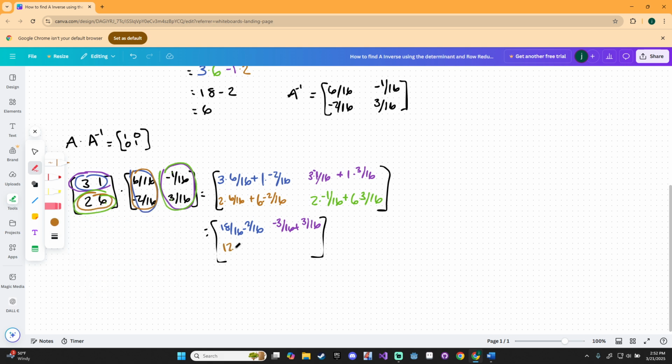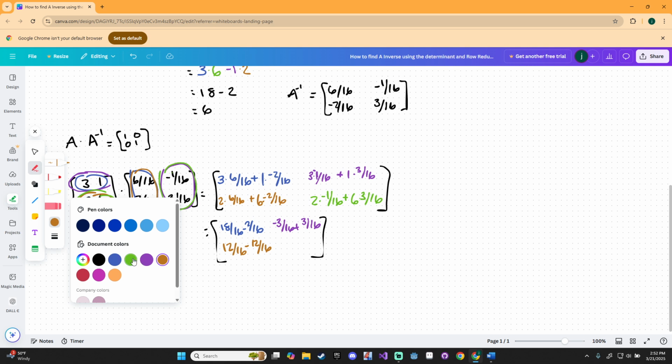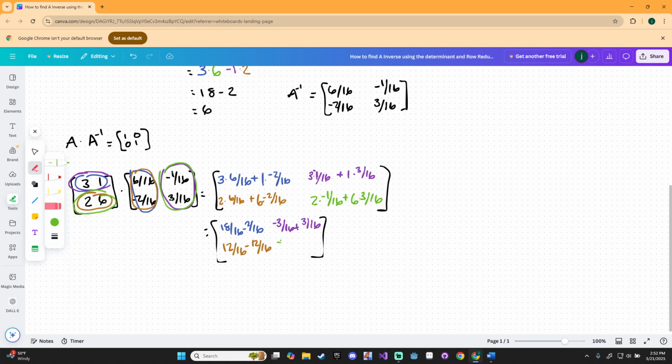We'll have 12/16 minus 12/16, and -2/16 plus 18/16.